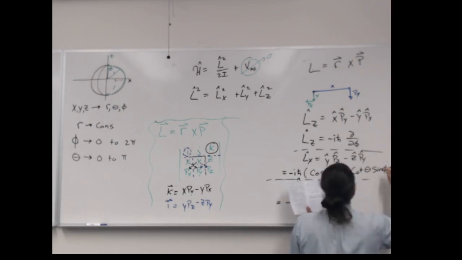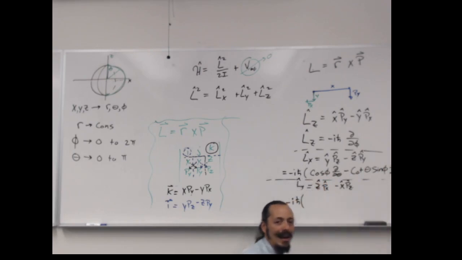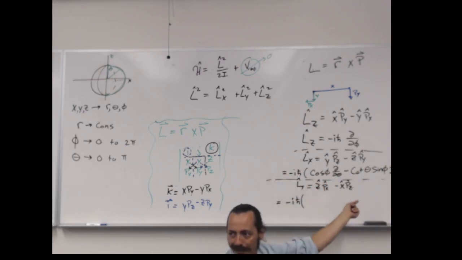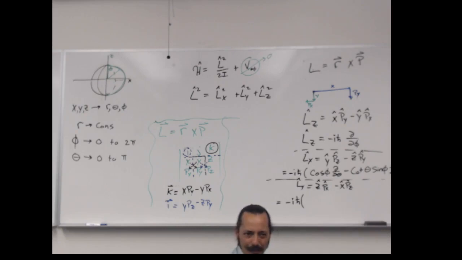I should have realized I had a mistake when I did this squared. If this is just linear, I shouldn't get squared yet. Question? Is it cosine of phi and d theta? Yes. It's cosine phi d theta minus cotangent theta sine phi d phi.